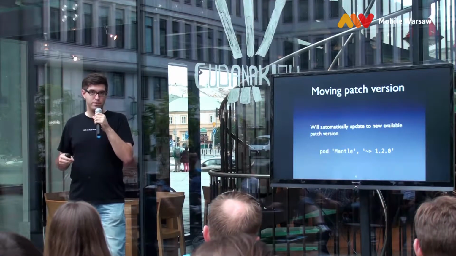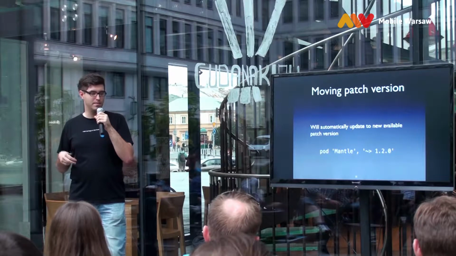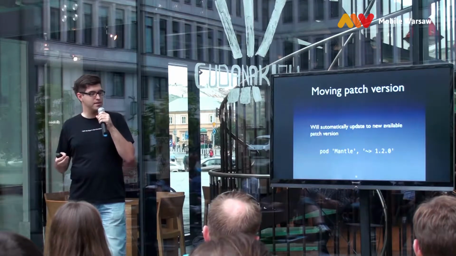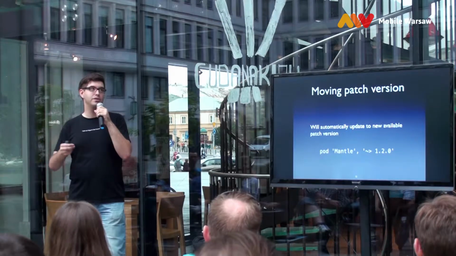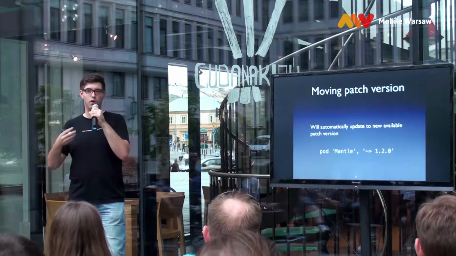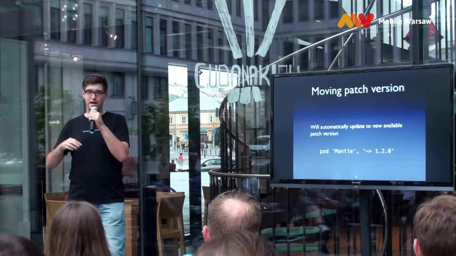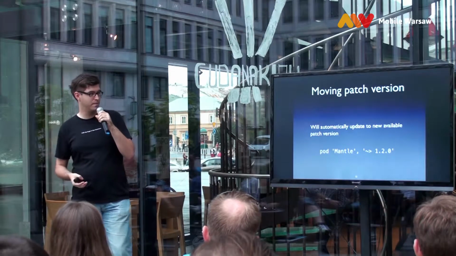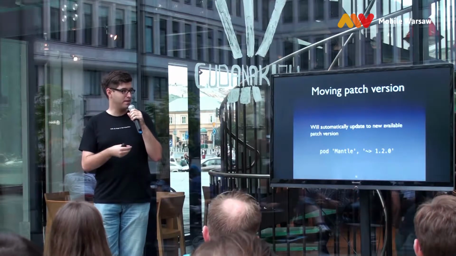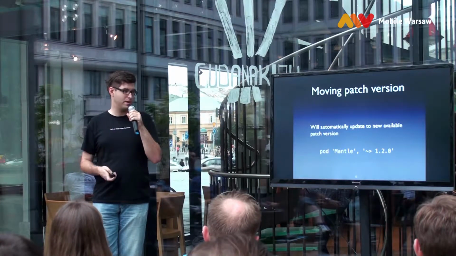This is strongly related to how semantic versioning is defined. Semantic versioning says that for patches, backward compatibility should always be ensured, whereas for minor and major versions, backward compatibility is not ensured. So this is why you can define that patches will be automatically installed.